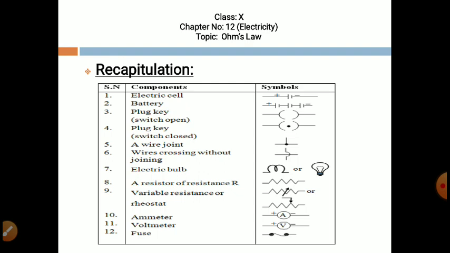Eighth is the symbol of resistance. Ninth, variable resistance or rheostat. 10th one, a circle having capital A, is known as ammeter. 11th, voltmeter, represented by a circle having capital V inside it with 2 terminals. And 12th one is fuse.